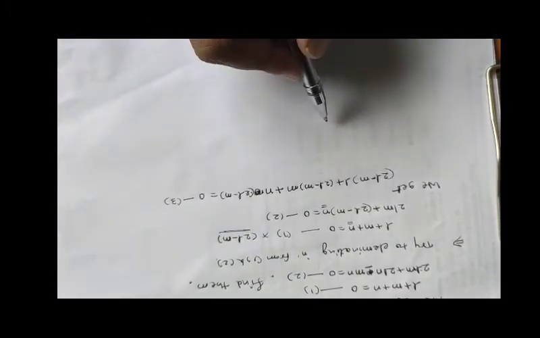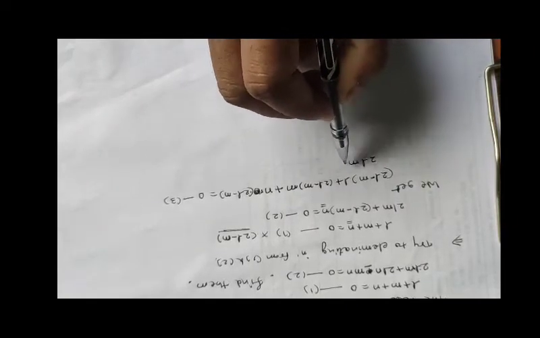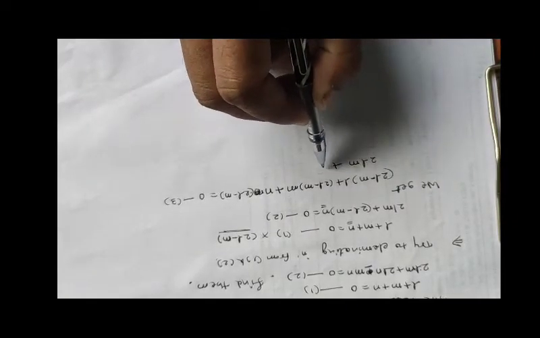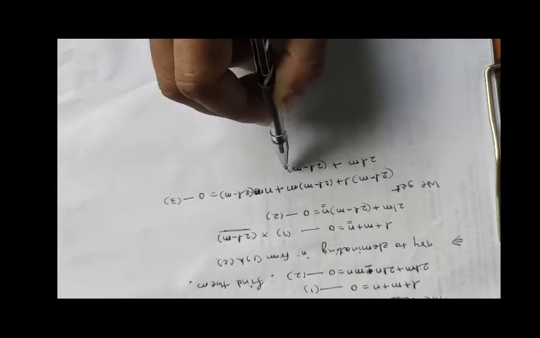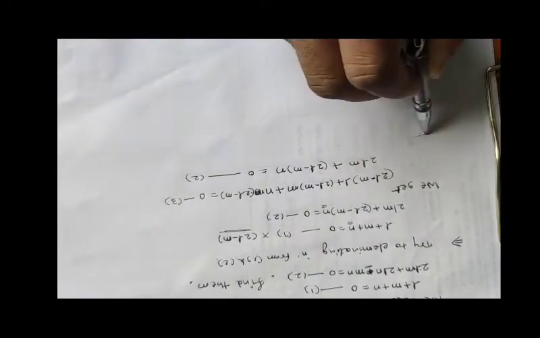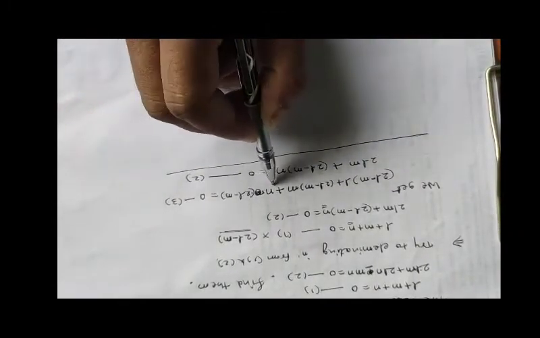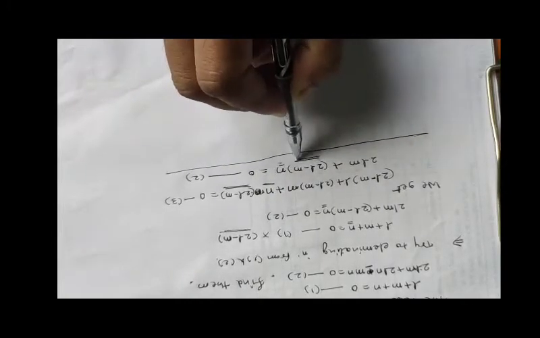We call it equation number 3, because it is a new equation. And the second equation is 2lm plus (2l minus m) into n equal to 0. Now the coefficient of n is 2l minus m in both.